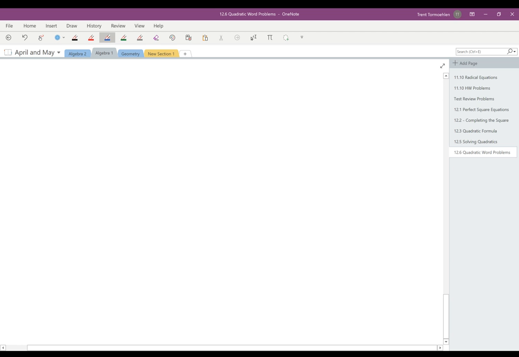Okay, for number 13 from 12.6, you got this problem about a math club, and the math club buys a $72 calculator. So we start with wanting to know what our variable would be, which is X, which is going to represent the number of students in the math club.